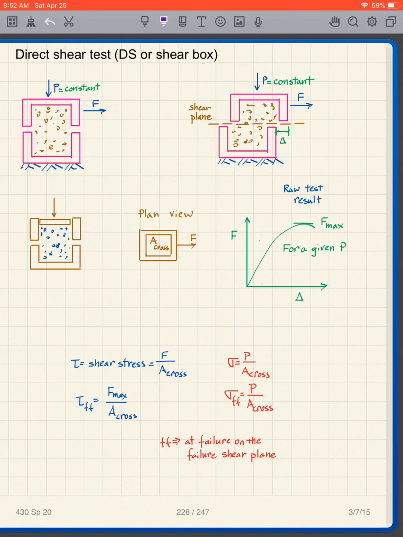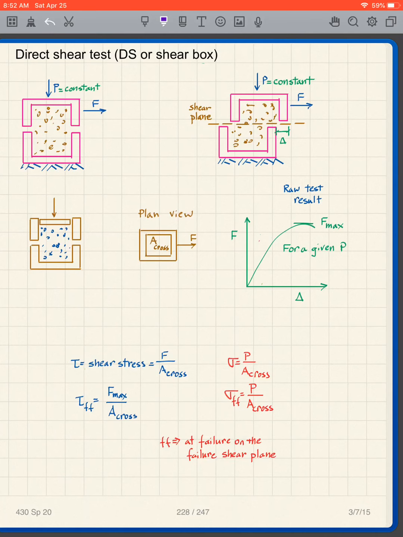As we increase F, we create a shear plane here, and we plot F versus delta. The delta is the deformation.